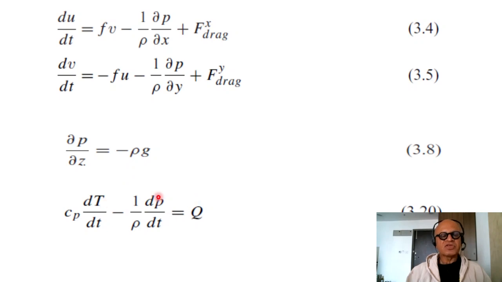And of course you have the thermodynamic equation Cp dT/dt minus 1/rho dp/dt equal to Q, which is typically the diabatic heating term which determines the circulation, so it becomes very critical.